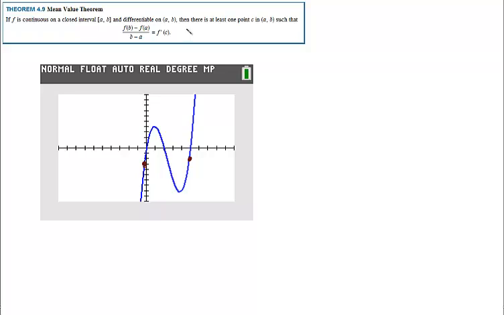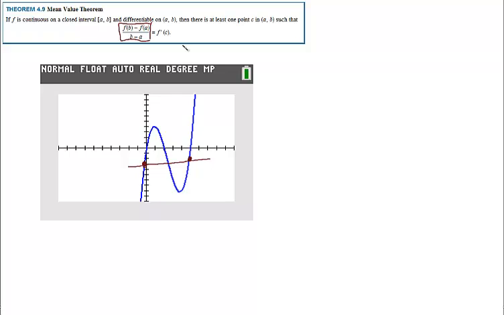So there's my a and b. We know that it's differentiable and continuous here. That says that whatever the slope is between your a and your b, that's what this part is saying right here. There's a difference in the y's and the difference in the x's.